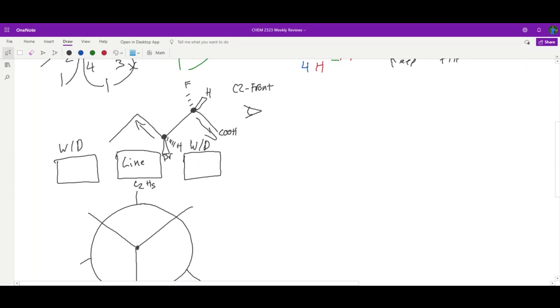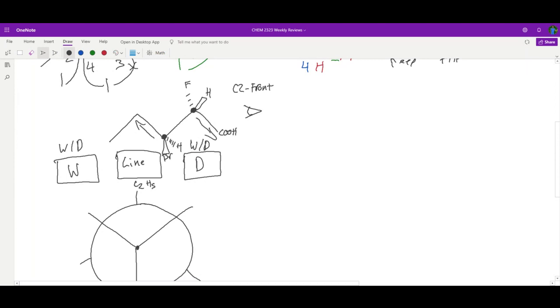The trick is, there are two ways, and I talked about this. You can visualize it, or you can see wherever the eye is. Whichever direction the eye is, right now it's on the right, that's also the side the dash is going to be. So this side is going to be dash, and this side is going to be wedge. And if that didn't make sense, go back and watch last week's video.